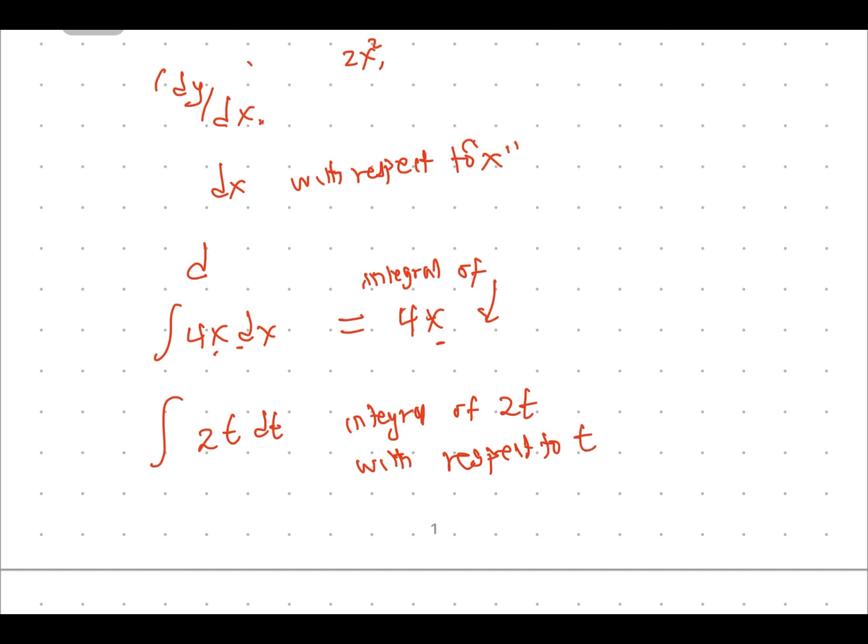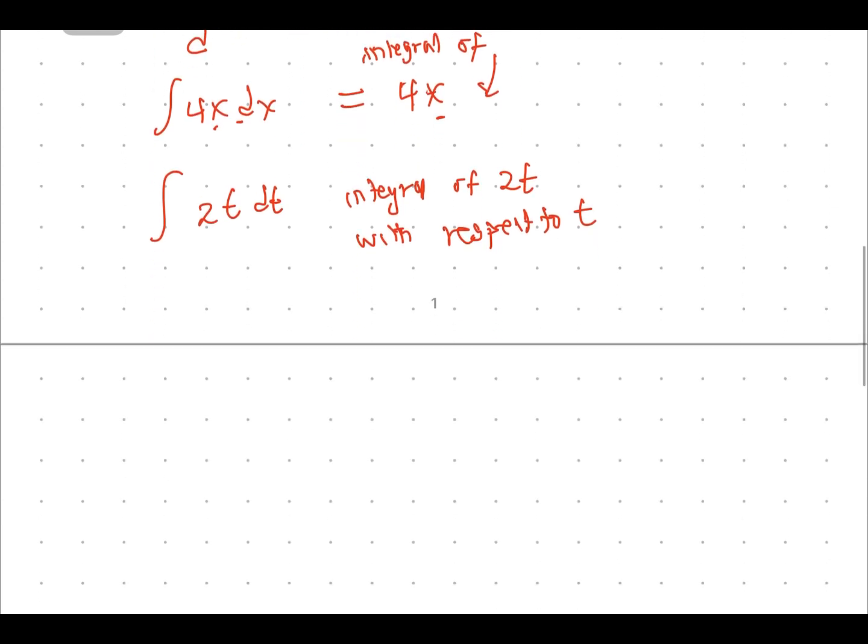So it's not always that they are going to use the letter x in any question that you may come across. Sometimes they can use the letter t, or any letter that you think of, to represent the variable. That's why I'm using x and then t, to tell you that this can happen as you go on in this topic.